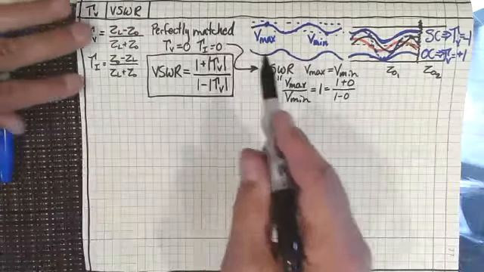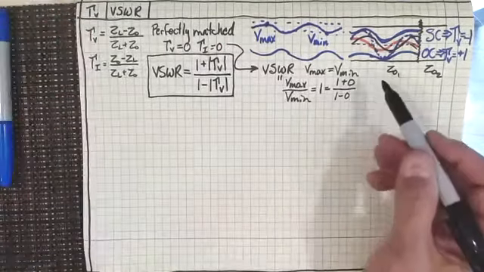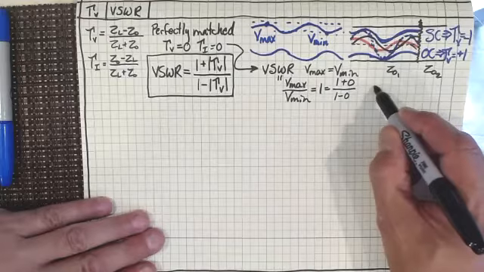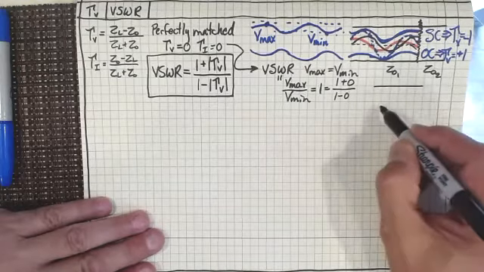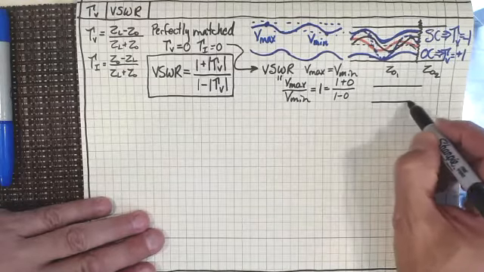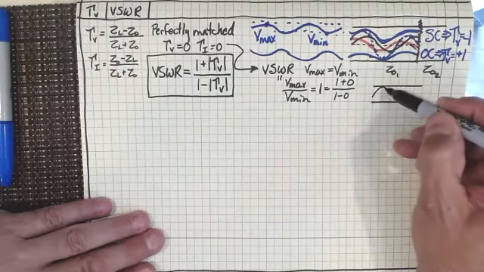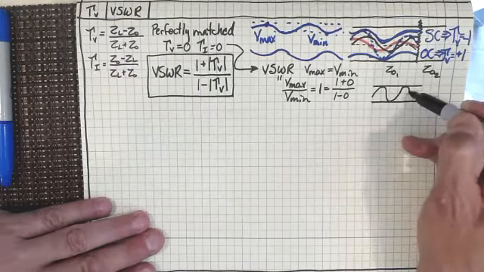And so for a perfectly matched case, I would assume that my envelope looked something like this, right? And then I just had a standing wave inside that envelope.